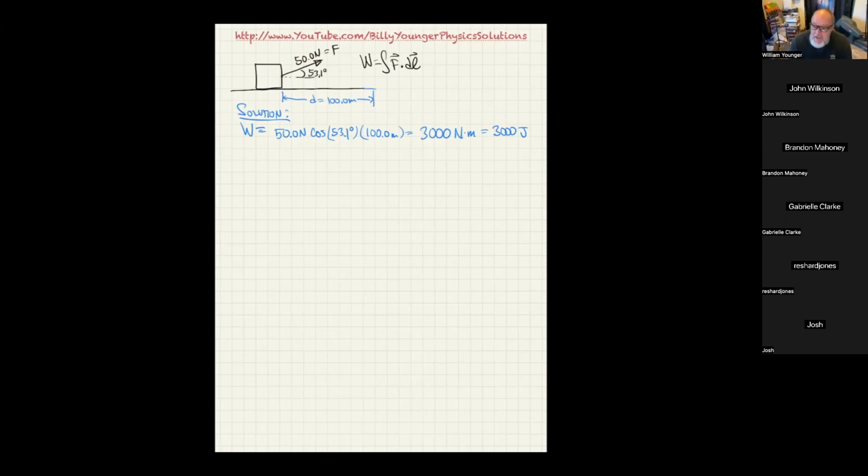All right, so let's look at another instance. In this case, we're going to look at an instance where I'm going to use it to derive something called potential energy.